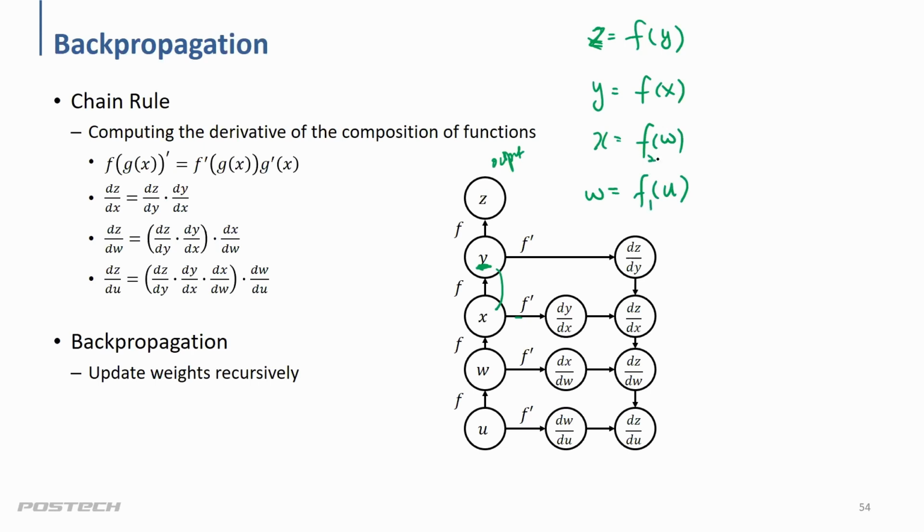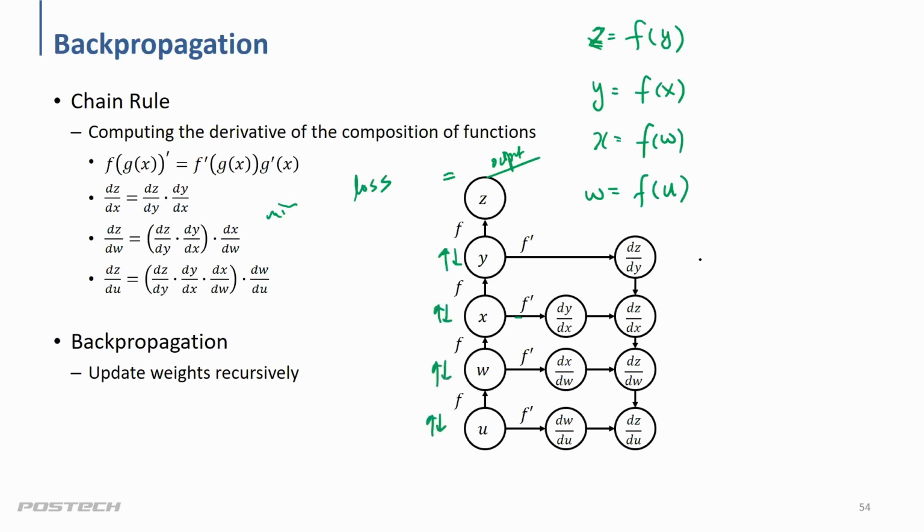Here they don't have to be the same, but I'm assuming they are. So let's say this is the output or loss. For minimization, I assume I'm going to use gradient descent. I want to know, at each iteration, whether we need to increase or decrease y, and for each variable.